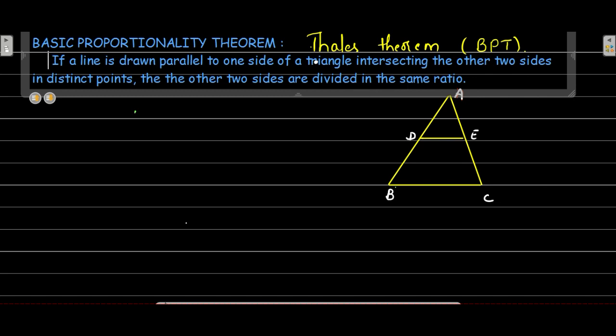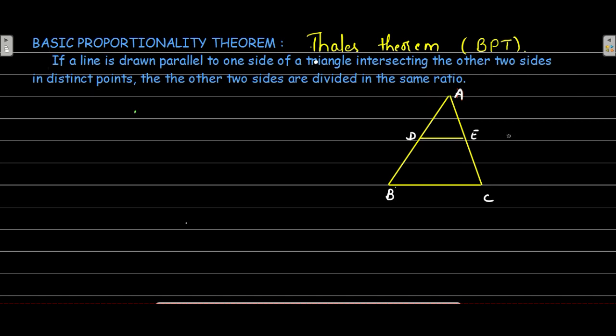What does it mean? Just look at this. We will understand it word by word. If a line is drawn parallel to one side of a triangle, say BC here in this triangle ABC, ABC is a triangle, right? So, in this triangle, for side BC, a line DE is drawn.